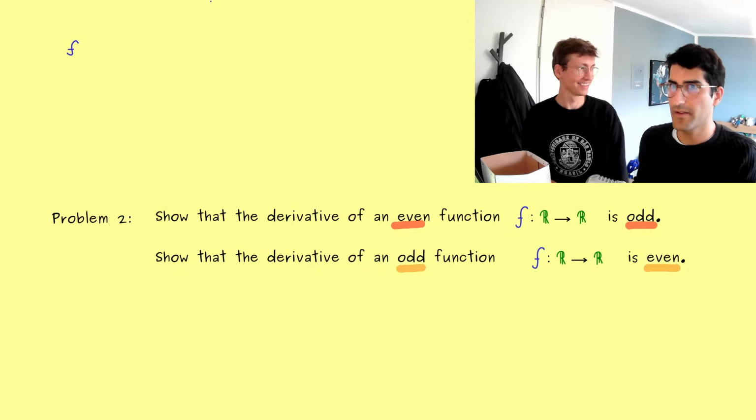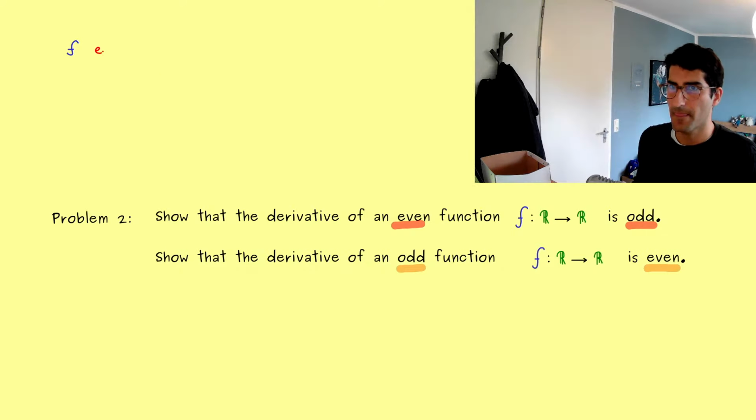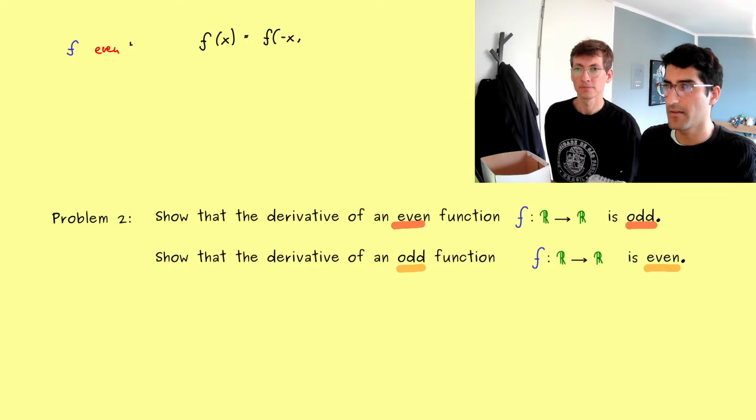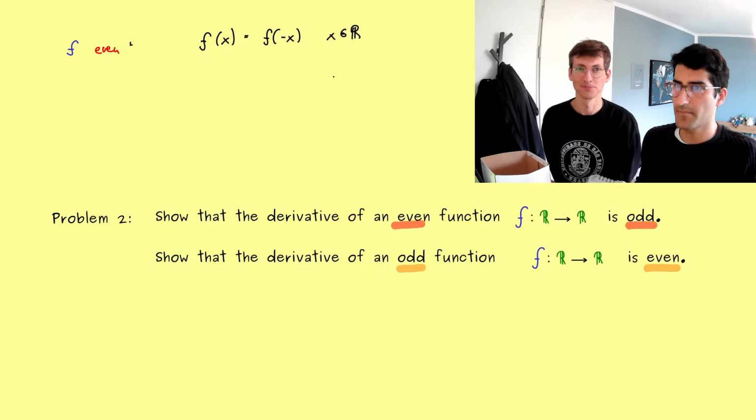f is even. So usually we say that this is the case if f of x equals f of minus x, for all x, let's say we are on the real line. Yeah, that's okay.